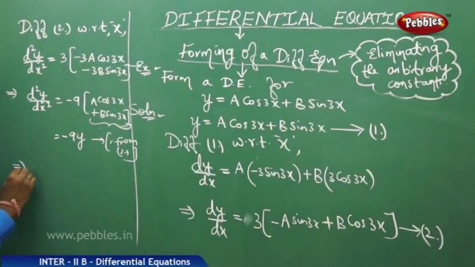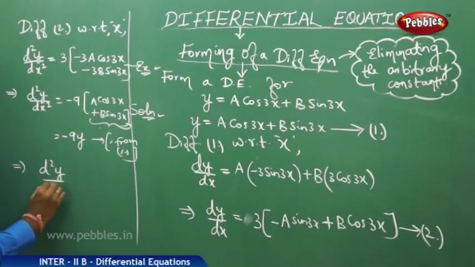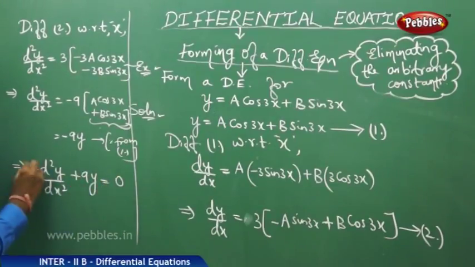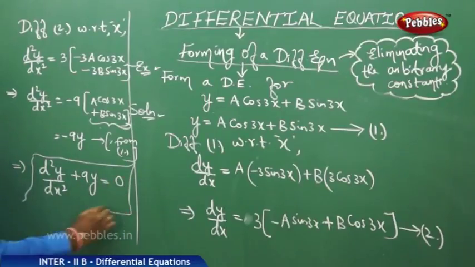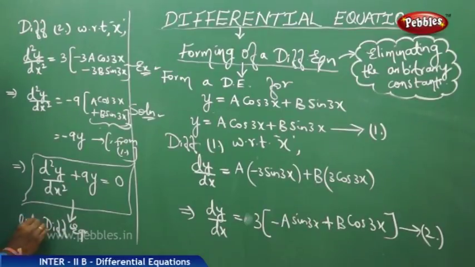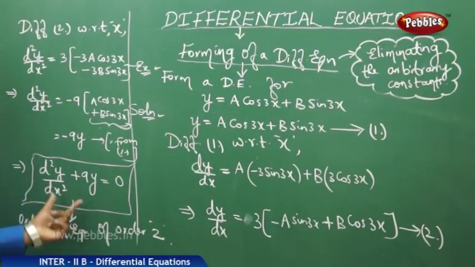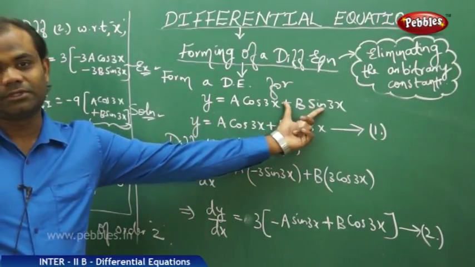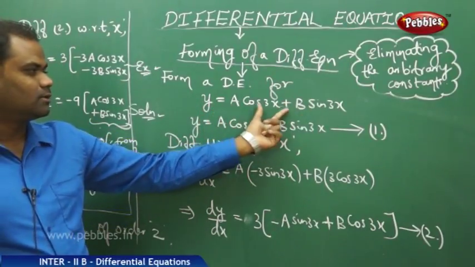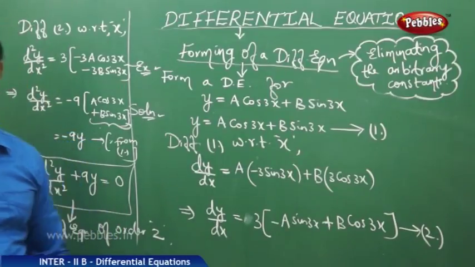Therefore, we get an equation which is d squared y by dx squared plus 9y equal to 0, which is nothing but an ordinary differential equation of order 2, or the second order differential equation corresponding to the curve y equals a cos 3x plus b sin 3x.